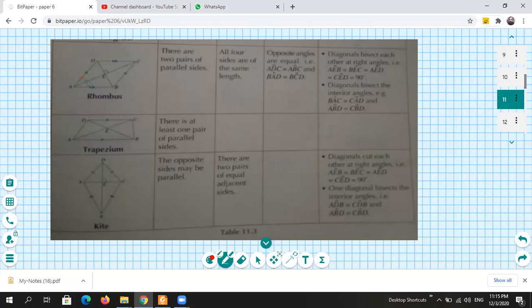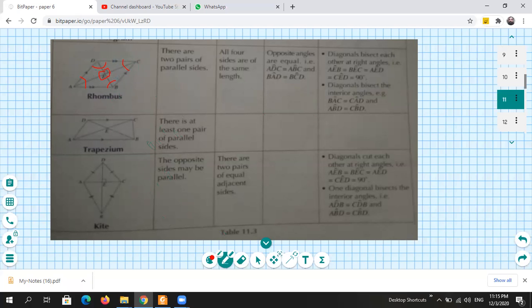These angles are not equal to 90 degrees, but opposite angles, like angle at A and angle at C, similarly angle at B and angle at D, are equal. Opposite angles are equal in a rhombus. Another interesting thing is the angles made by the diagonals, like at point E, are always 90 degrees, just like in the square.